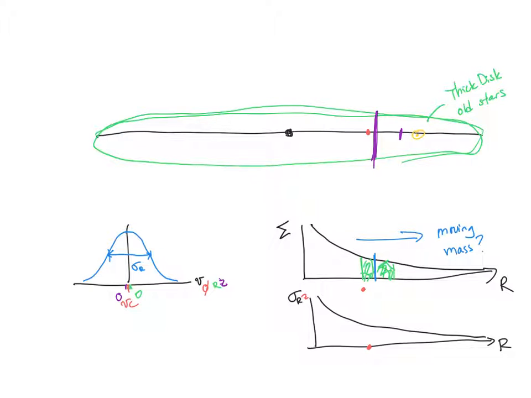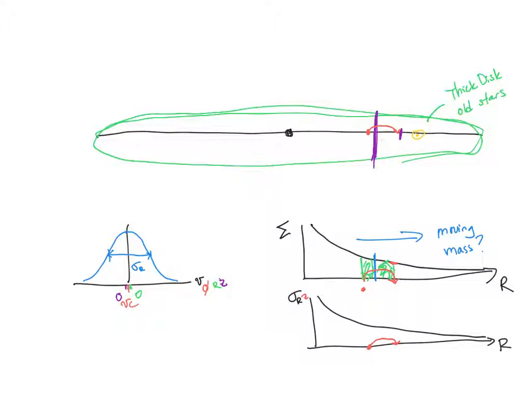Then if that star migrates outside of co-rotation like that, then that means you're taking this star, that vertical velocity dispersion is pretty close to conserved. You're moving it outward in the disk here, where we know that the amount of mass in the disk is lesser.